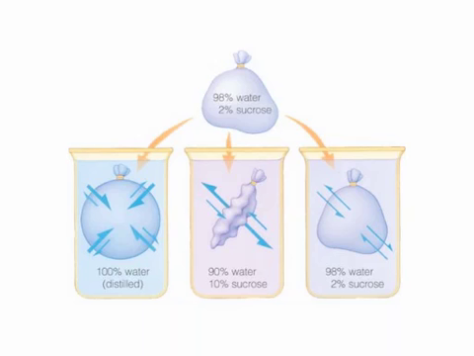For example, if we took a solution of 2% sucrose and put it into a bag and placed that bag in distilled water, what we would find is that the water molecules would be moving at a higher rate into the bag than out of the bag, and as a result, the bag would expand.